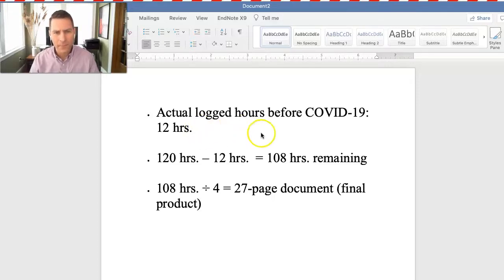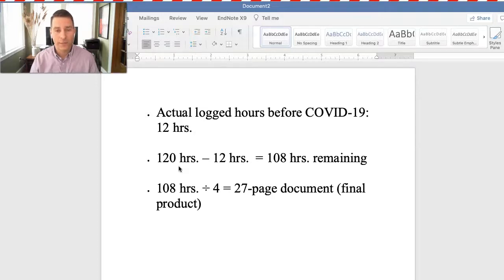So in this example, we had a student, and I just made up these numbers. They're not anybody's numbers. But if you had a student who had 12 hours of actual physical practicum before COVID-19, remember that we do need to do 120 hours in practicum. That's the benchmark that we have to meet before you graduate.